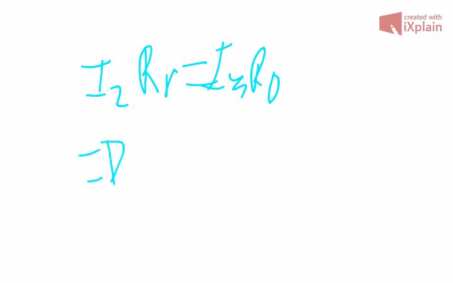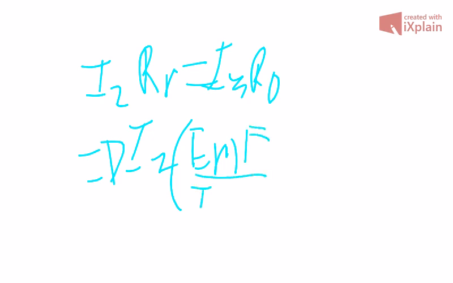And using our equations up top, we know that I2 is going to be equal to EMF over R, which is the resistance for a regular bulb, because this is the value of the resistance that we found earlier.